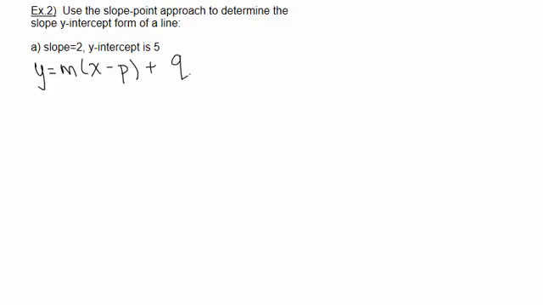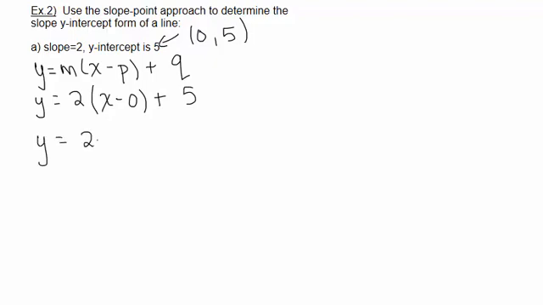We can plug in 2 for our m. And if the y-intercept is 5, we can create a point of that, (0, 5). We know that that is a point on the line. So let's plug that in for p and q. Finally, let's distribute that 2 inside the brackets. And there is our final equation of the line using the slope point approach.